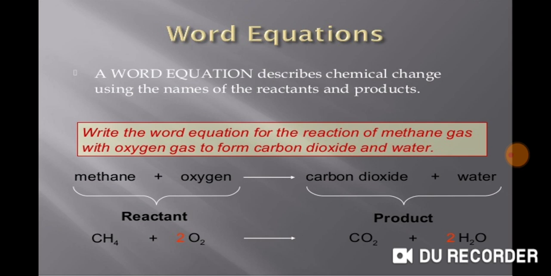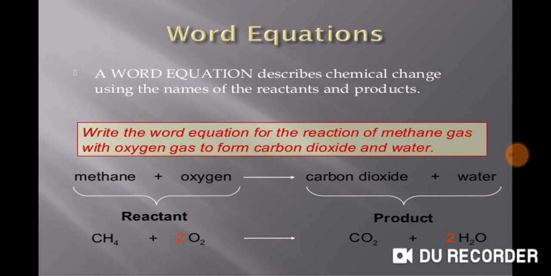Here you can see methane is properly written, oxygen is properly written, carbon dioxide is properly written. So the materials written in complete words is known as a word equation.